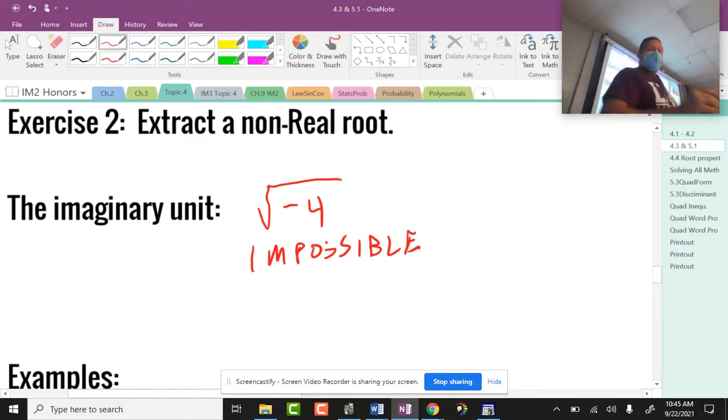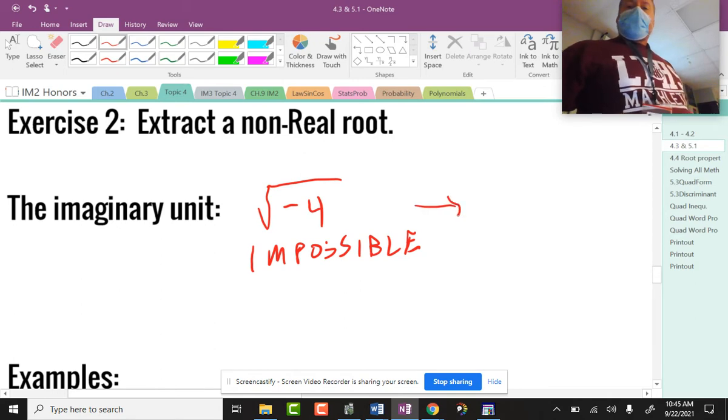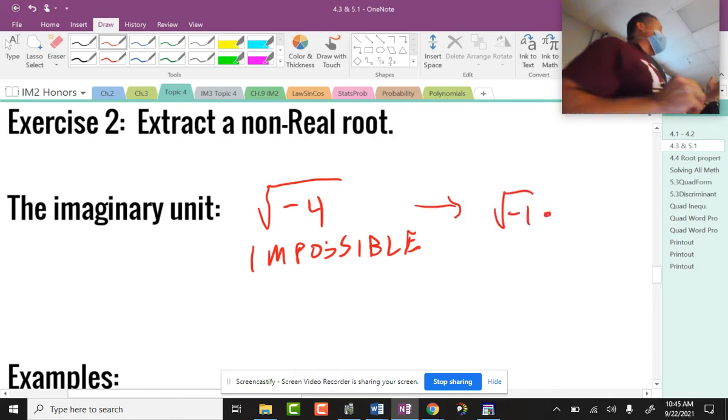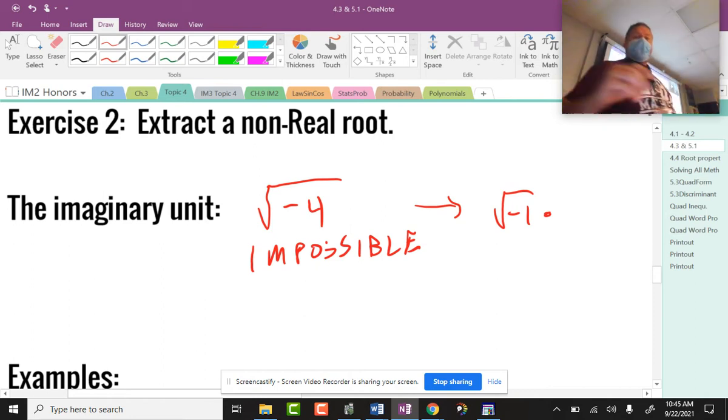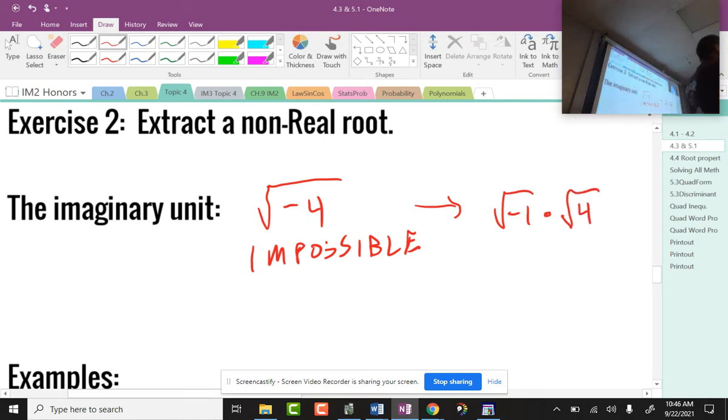Let's separate this and isolate that square root of negative, and let's call it square root of -1. And now I can write that as the square root of 4 separated from that negative unit there. By the way, what's the square root of 4, everyone? 2. And then somebody said, I'm being honest, you know what, let's call this something so I don't have to look at it anymore.